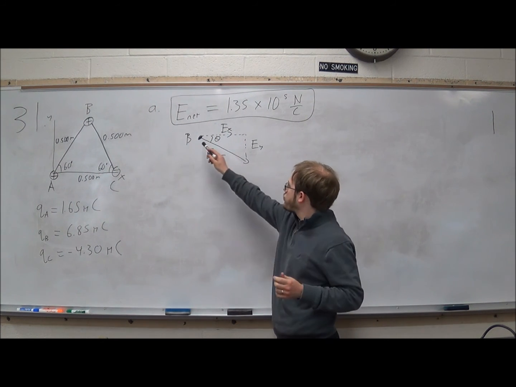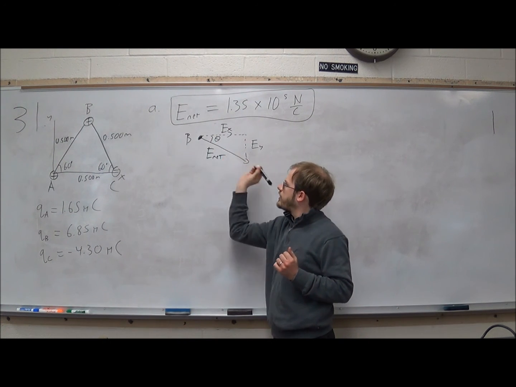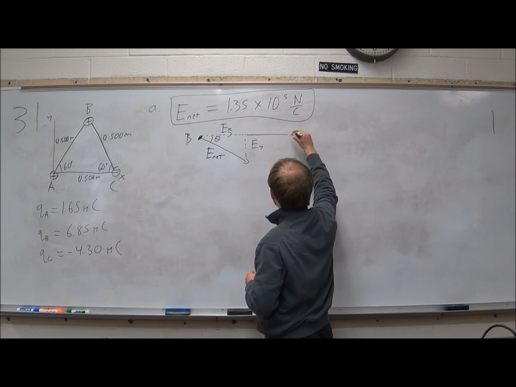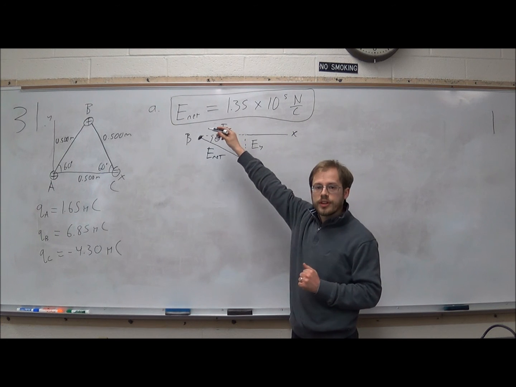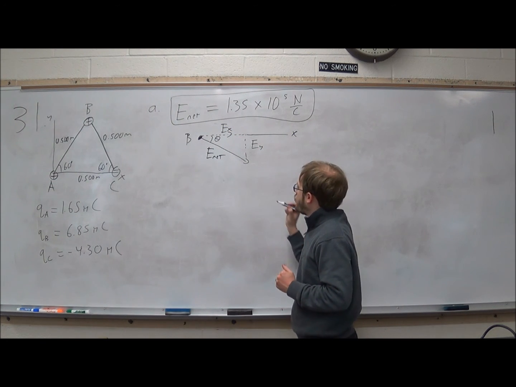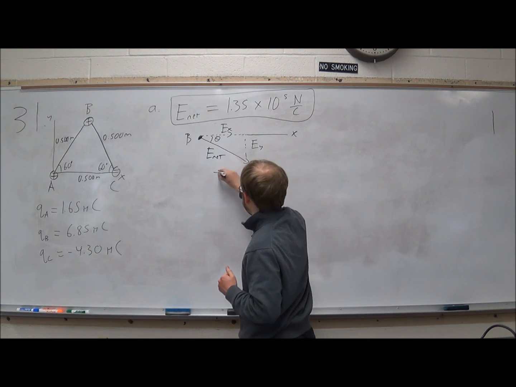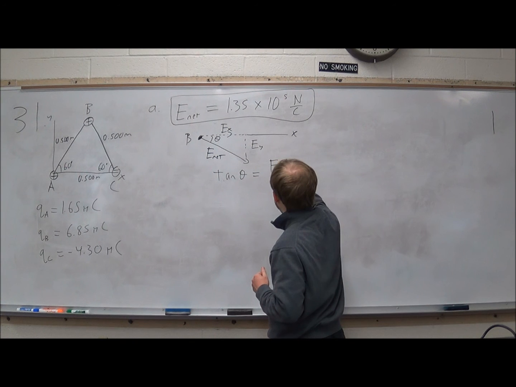So look at this. This is point B. We know that the electric field magnitude is directed in this direction. So just note, this would be the positive x-axis. So we know that the electric field is in this direction. So now angle theta right here. We know that the tangent of this angle, so tangent of theta, is going to be equal to EY over EX.